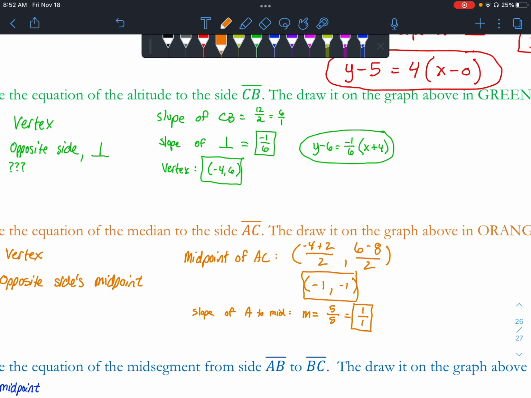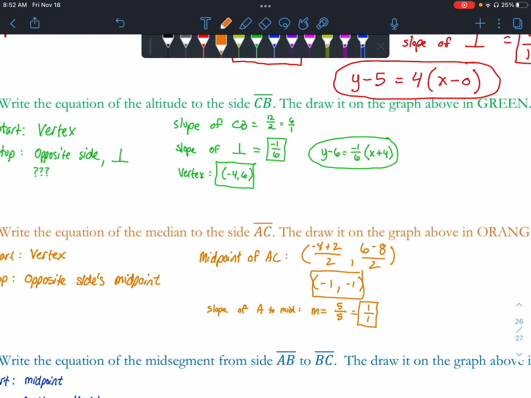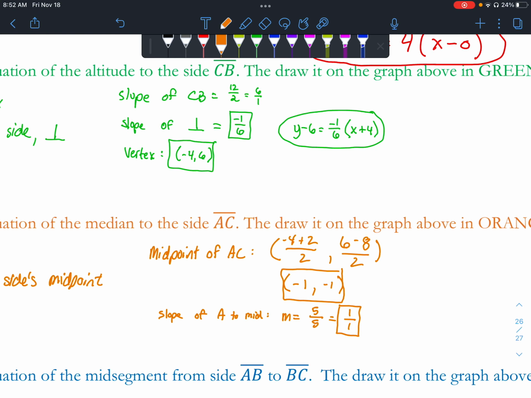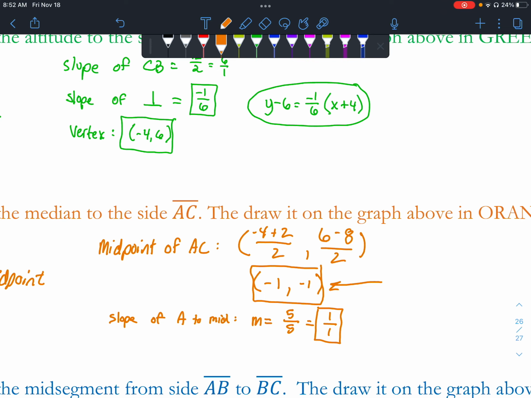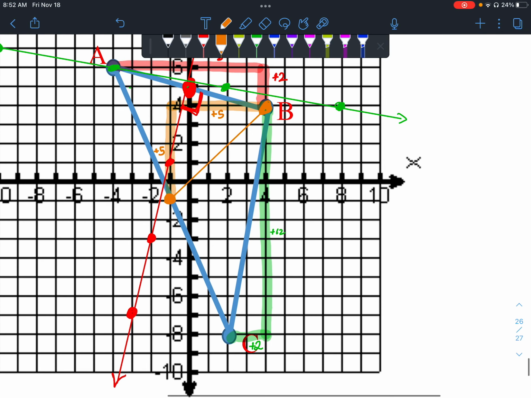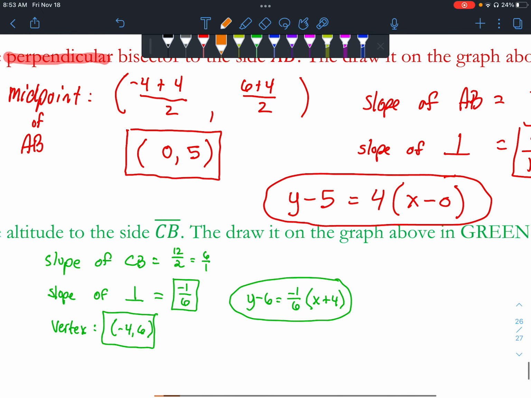Well, ladies and gentlemen, you now have 2 coordinate points that you can use. You can use the midpoint, or you can use point B, because again, if you look at your graph, this is where it's starting, this is where it's stopping. Both those points are known to us. Use either of them. The slope of this line we now know is just 1 over 1.